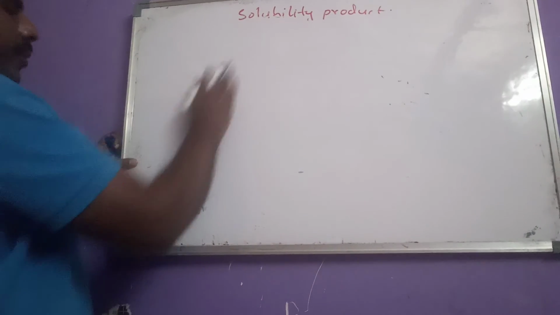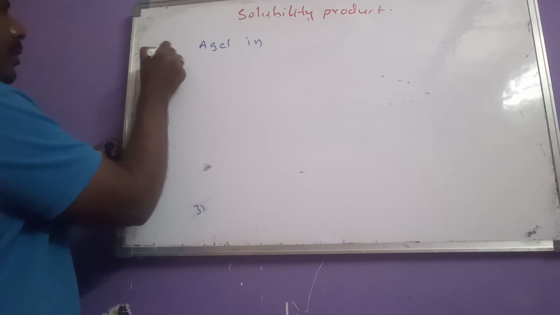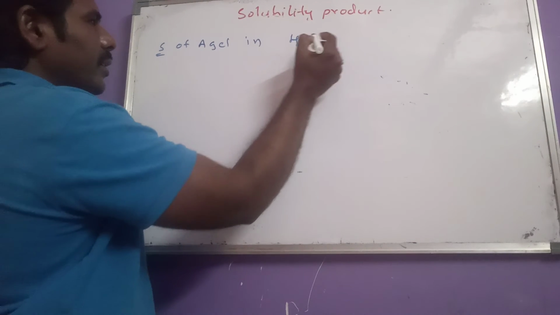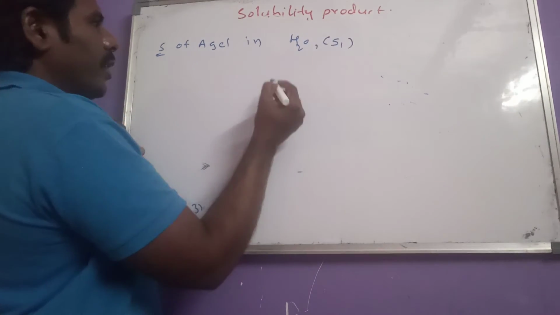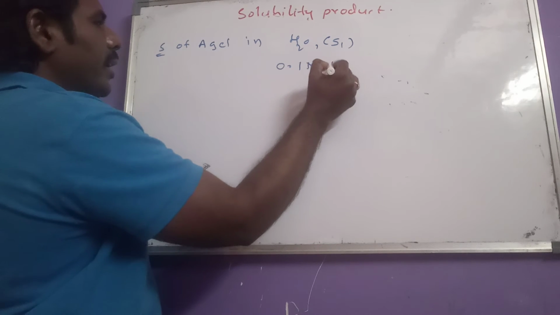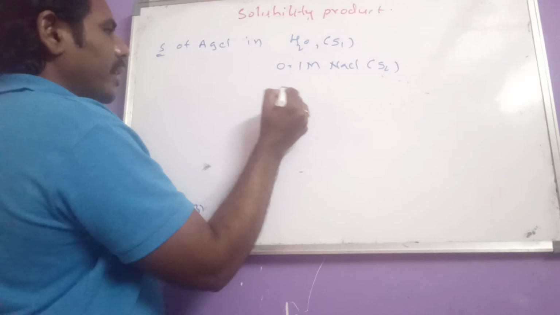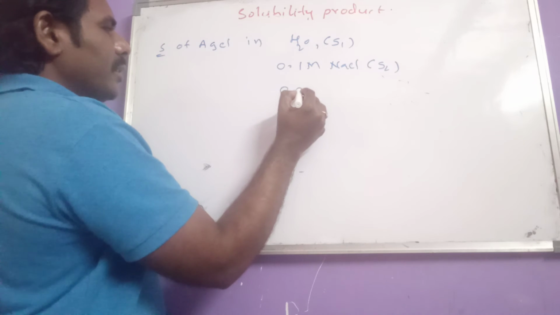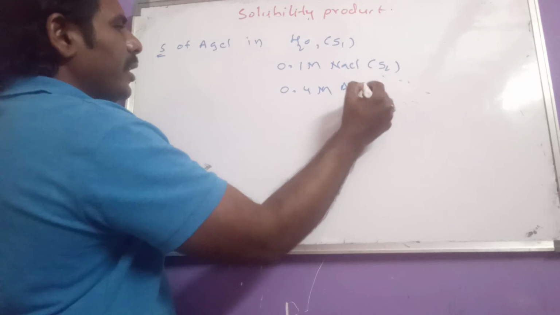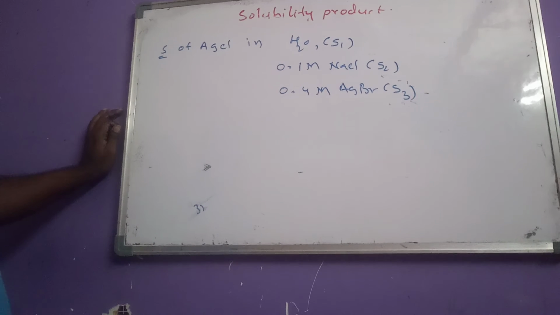For example, solubility of AgCl in water is given as S1, and in 0.1 M NaCl is given as S2, and in 0.4 M AgBr is given as S3. So what is the order of solubility?